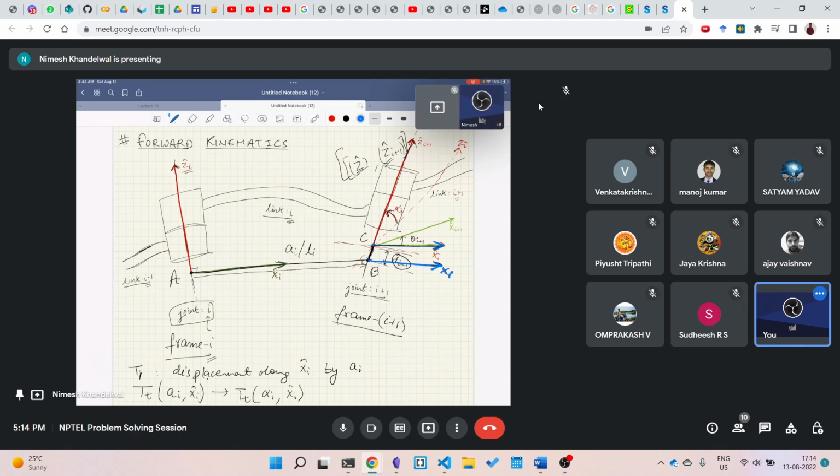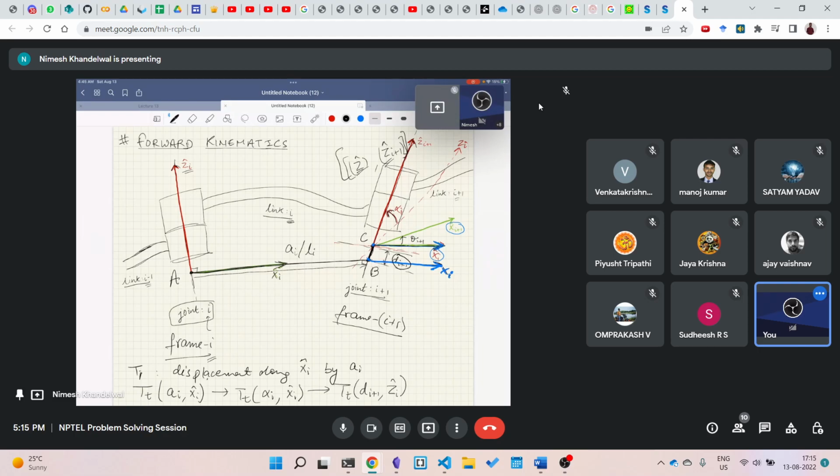Since my origins have coincided, the final thing I need to make sure coincides is xi+1 and xi. What is the final transformation I need for that? Can anybody say? I will write di+1 along zi.